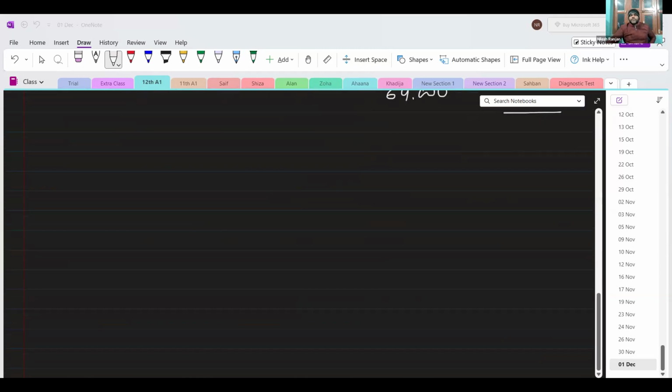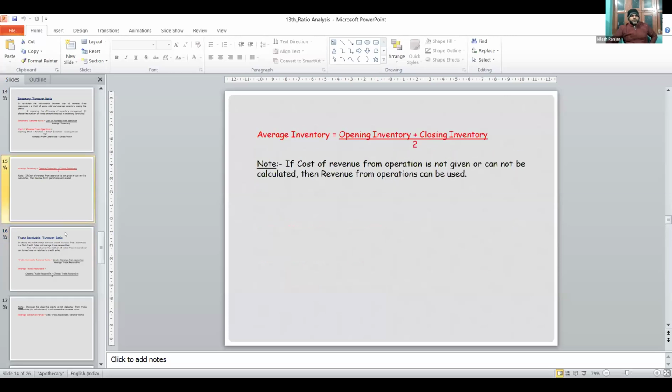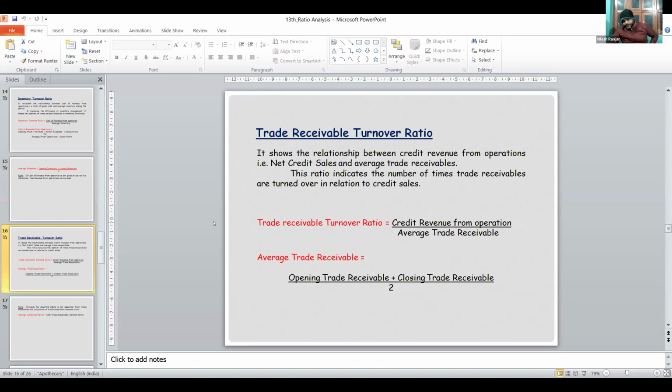Okay, so now we are going to discuss trade receivable turnover ratio, after inventory turnover ratio. First of all, what is the meaning of trade receivable?